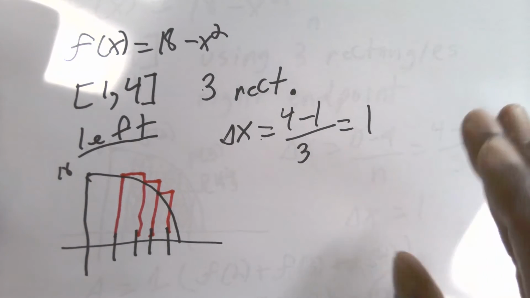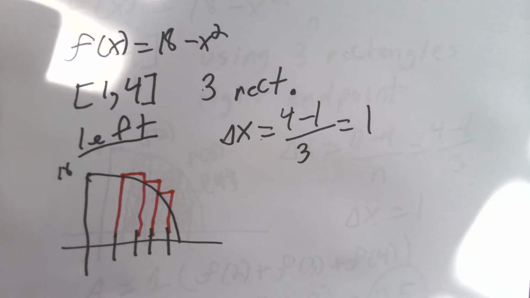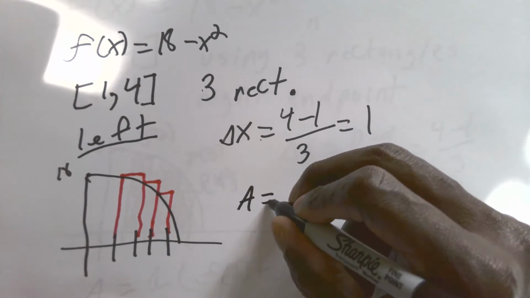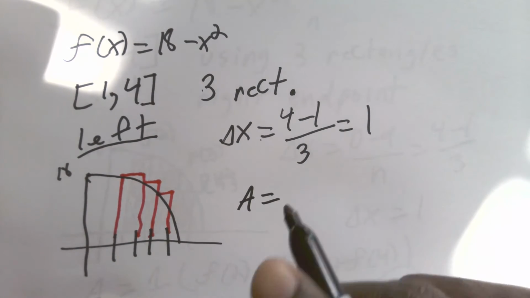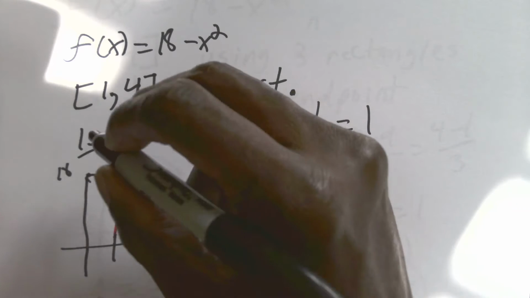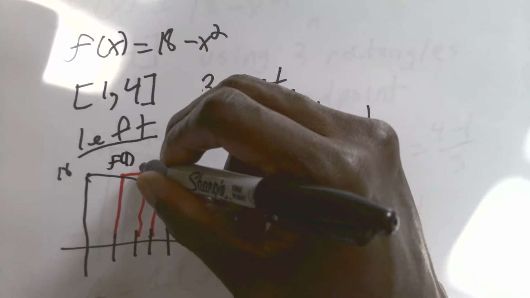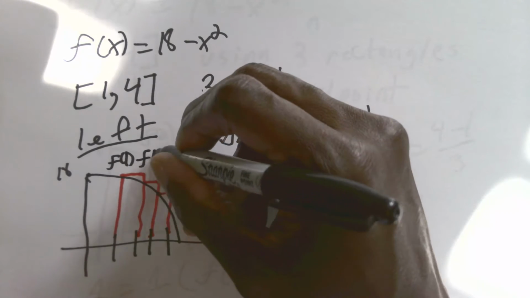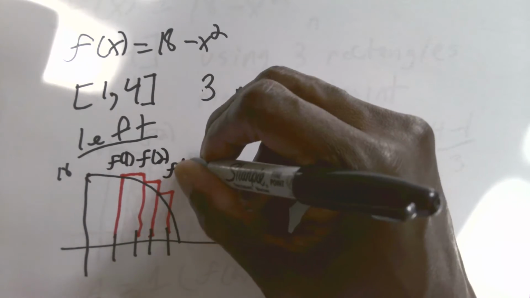This is going to give me some number which is greater than 33, 33 being the actual area. And it's very similar to the previous problem because my delta x is the same. But instead of my heights coming from f of 2, f of 3, and f of 4, my heights are going to come from f of 1, f of 2, and f of 3.